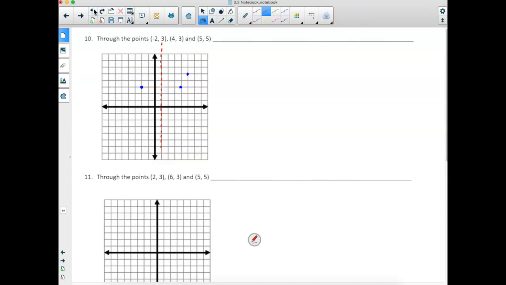So knowing that, whenever we knew where our vertex was, think about it, we always used our over 1, up or down 1, or we went over 2, we went up or down 4, we went over 3, we went up or down 9. And I can extend this 1, 4, 9 process. If I go over 4, I would technically go up or down 16 units. Now, these all come from the parent graph, y equals x squared.